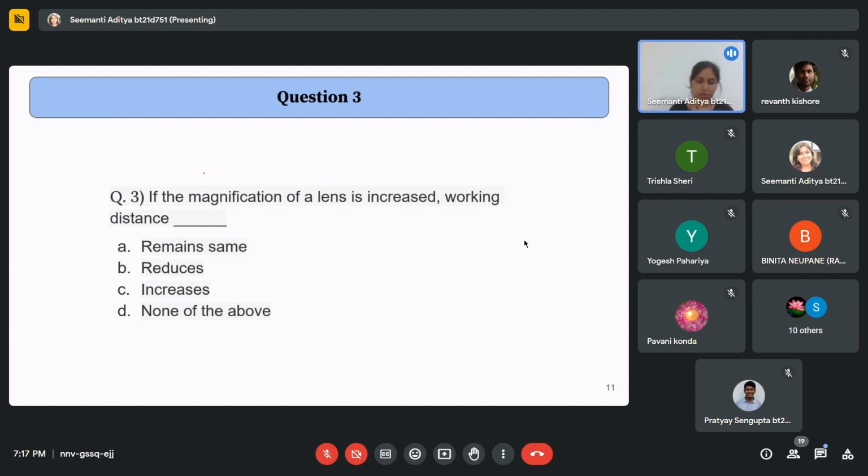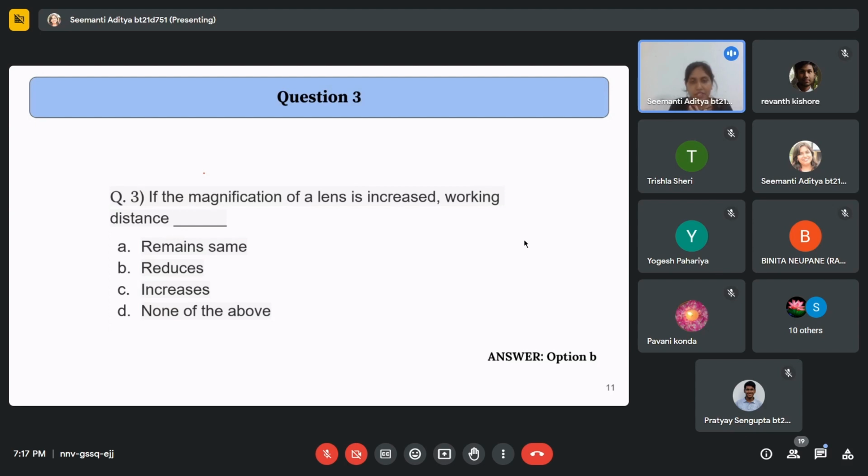Yes, so most of you have given the correct answer. If the magnification of the lens is increased, for example going from 10x to 20x, then the distance you require between the lens and your cells or specimen gets reduced, because the lens is coming into closer contact with the specimen.